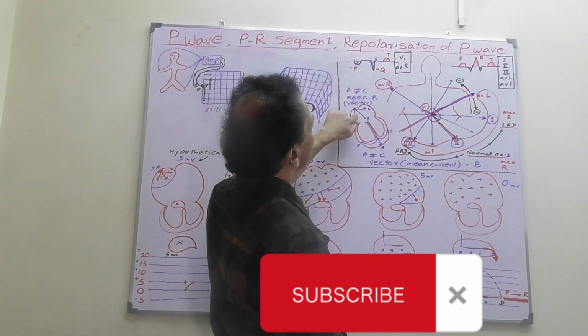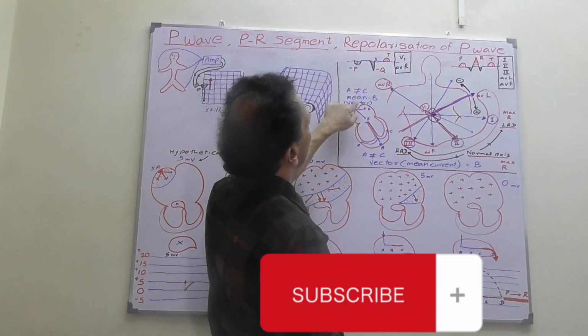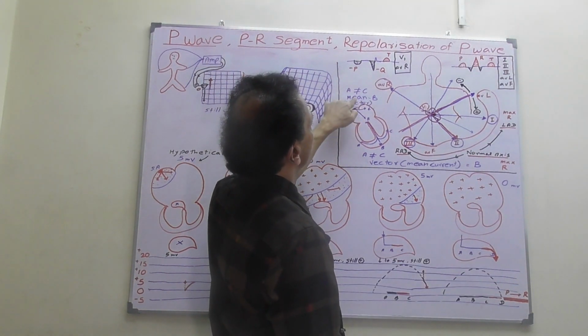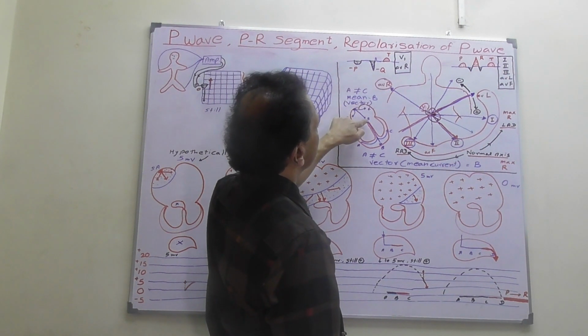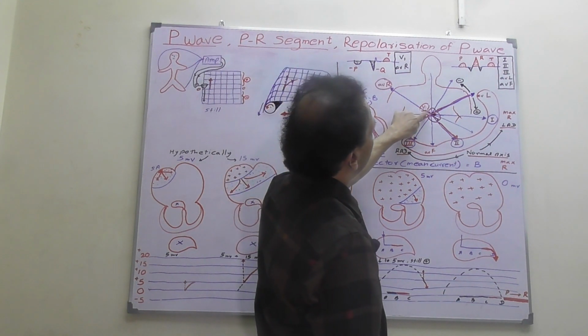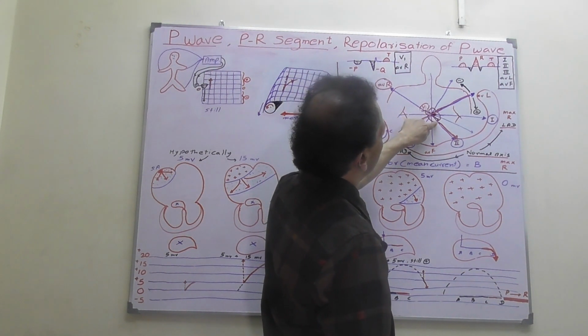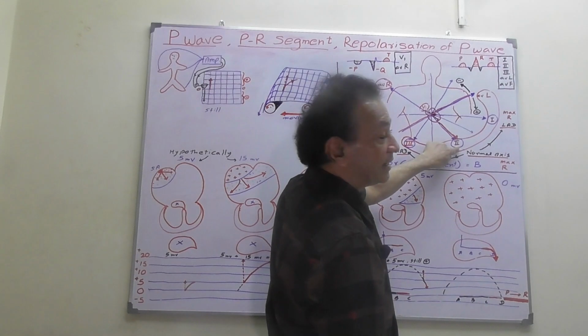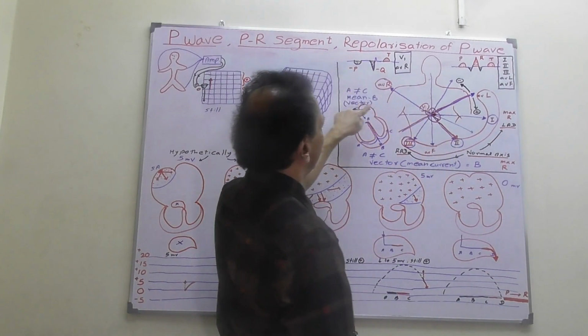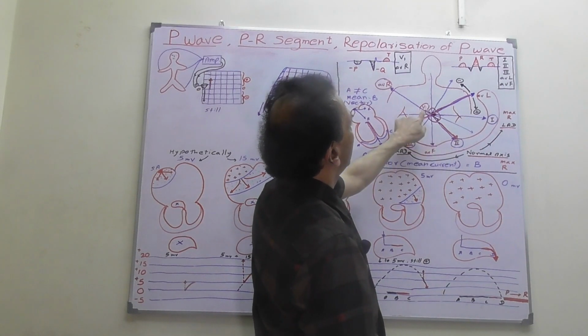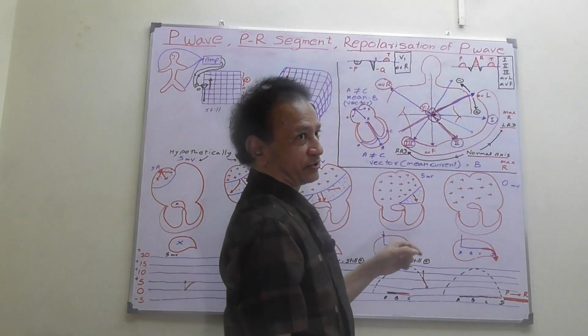Then the mean current is left behind towards the B side, so we call the vector towards the B side. If you see here, the B current is located towards lead 2. So the axis, the mean vector wave, is towards lead 2 in atrial contraction.